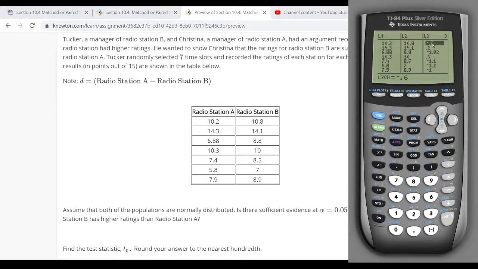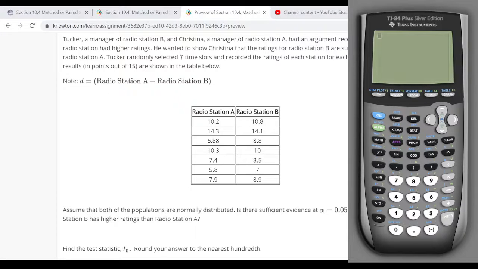So L3 is the one I'm going to focus on now. It's the set of all the differences, that sample of all differences between my radio station A ratings and radio station B ratings. All right, so I'm going to get out of here.